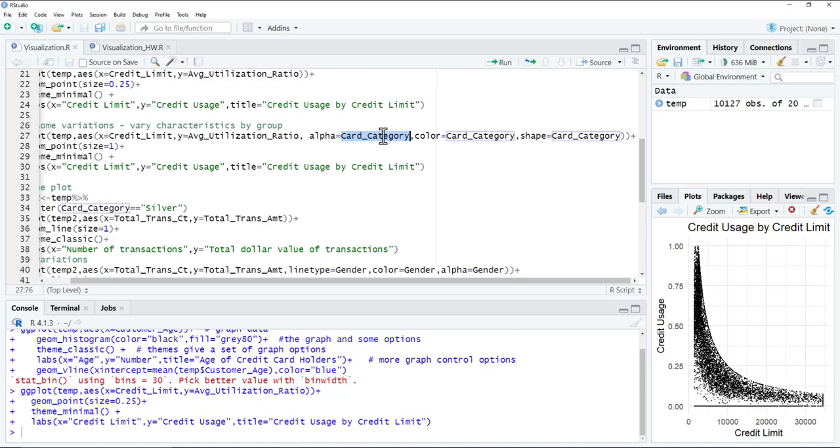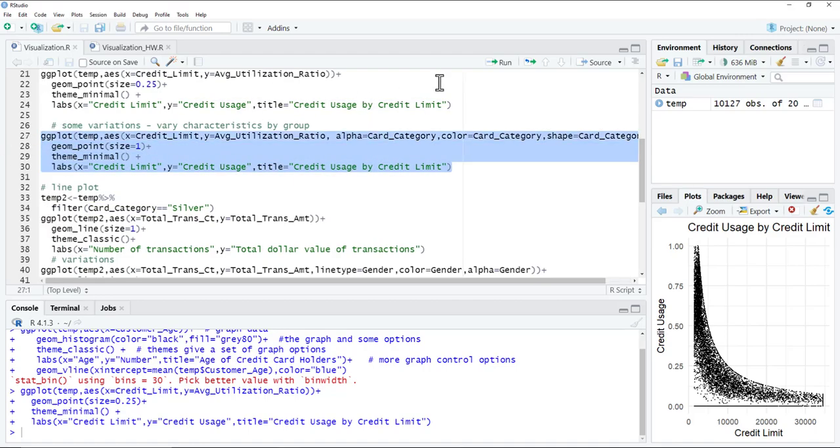Here, card category is the type of card. So they have some sort of entry cards, and then you get these advertisements that tell you, well, apply for our higher, more prestigious card or something. That's what these are doing. So we can plot that.